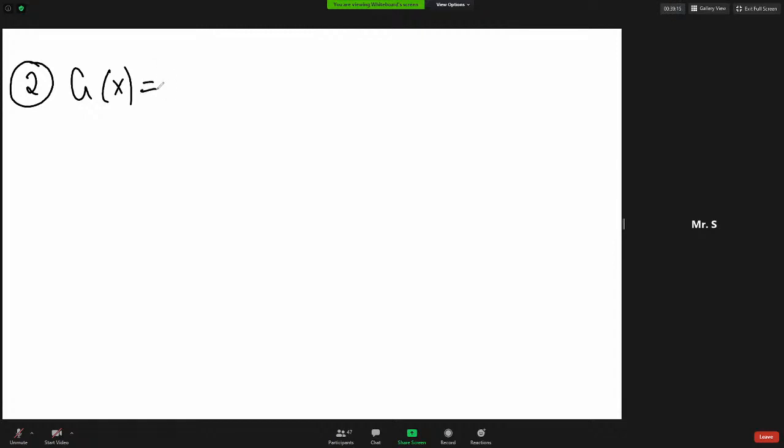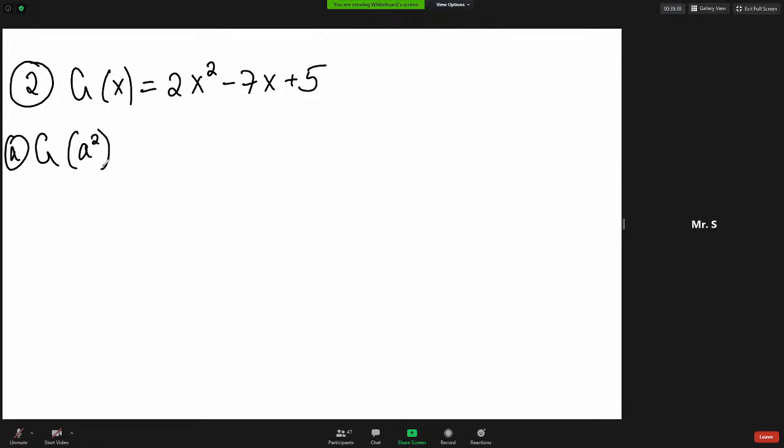Now let's define it as 2x squared, minus 7x plus 5, and I will ask you to find g of, we'll do this in 2 parts. Part A, we'll do g of a squared.